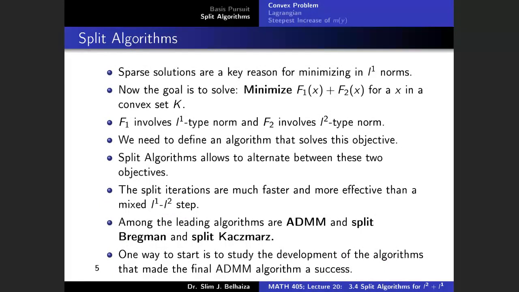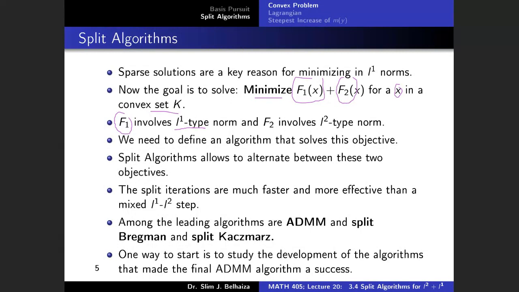The goal is to minimize f1(x) plus f2(x) for x in a convex set K, as we said, for example, Ax equals b. We have two parts in the objective. First of all, f1 involves an L1 type norm. Basically, you are minimizing the sum of the absolute values of the entries of x, for example.